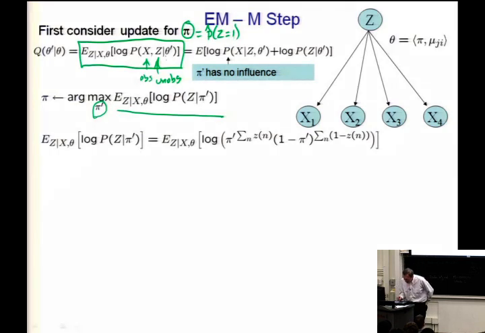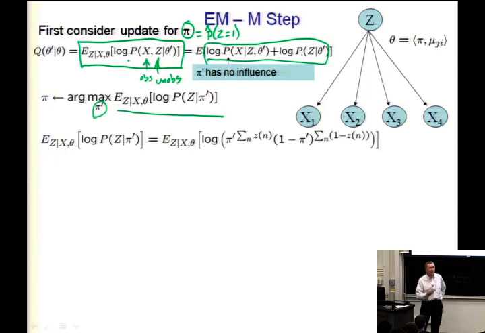To do that, the first thing I can do is notice that the expected value of this thing, by the chain rule, is just the log of that thing is just this. That's just the chain rule: the probability of x and z is the probability of x given z times the probability of z. If we're doing logs, it's the sum of their logs.